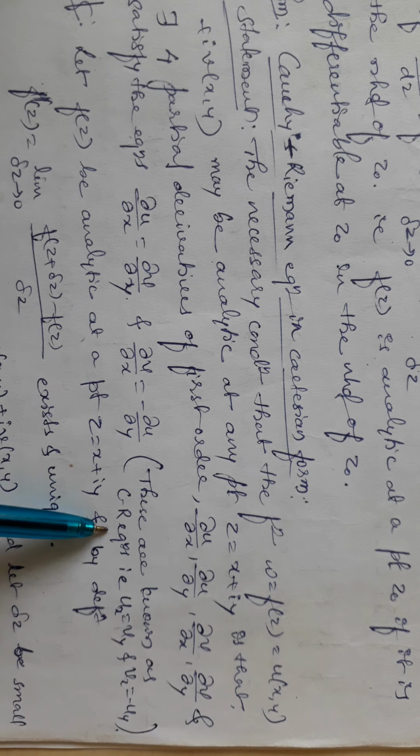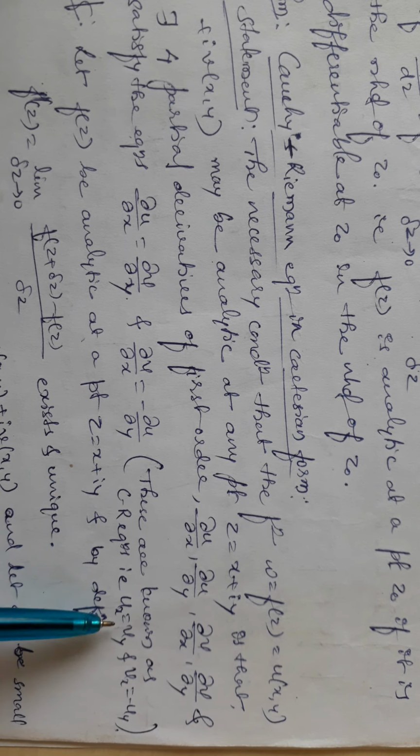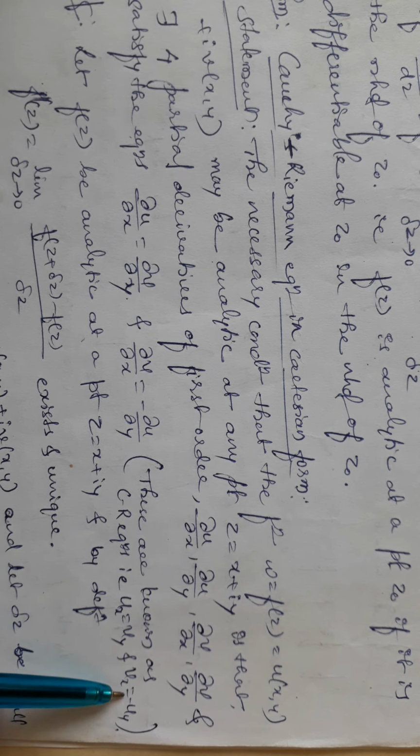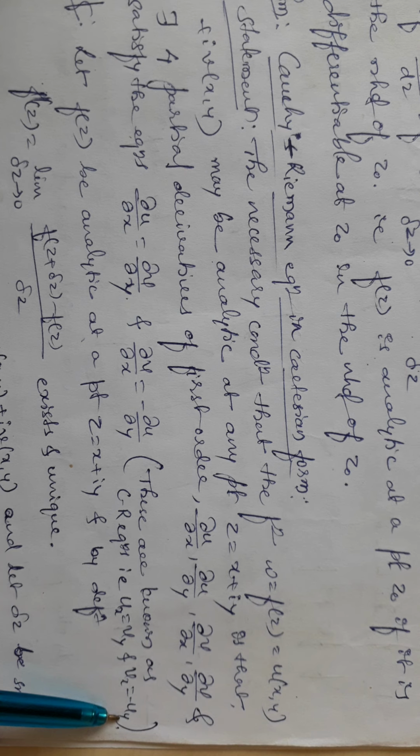These equations are known as CR equations. In short form, that is u x equal to v y and v x equal to minus u y.